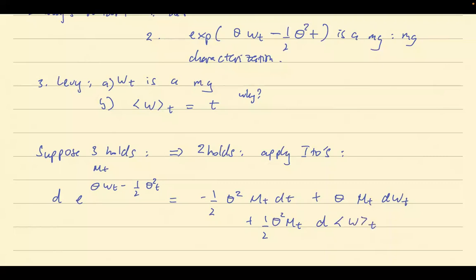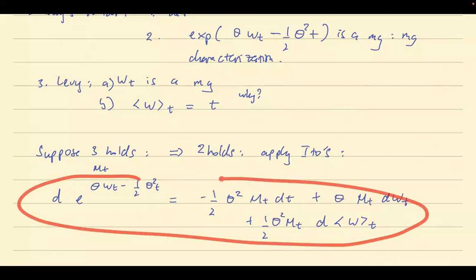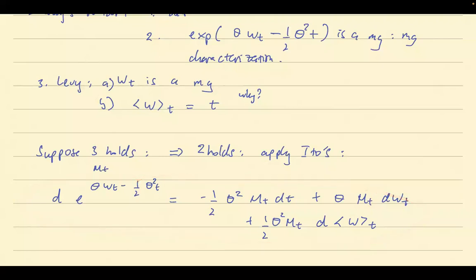Keep in mind that we don't know what W is. But Ito's formula applies to a generic stochastic process. So as long as W_t is an Ito process, we can apply this. So this generically holds. Now I will use the three part. Part B tells me that this is just dt.